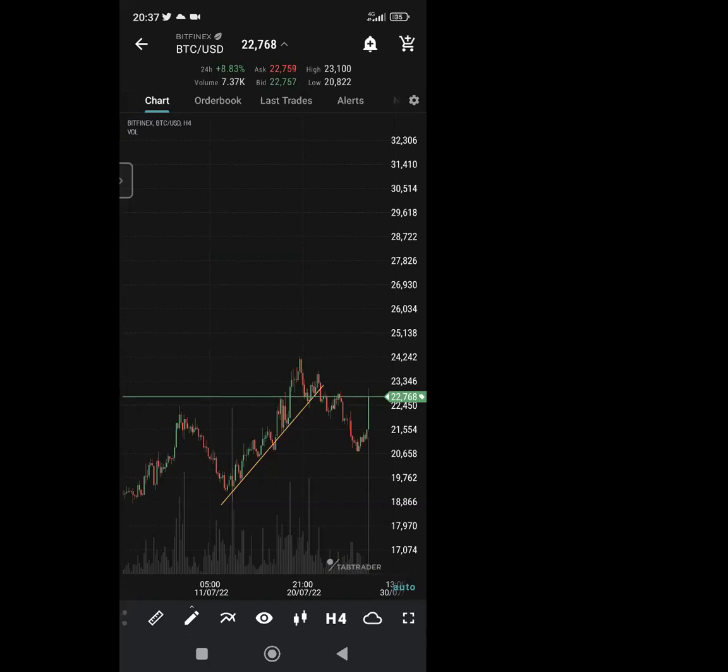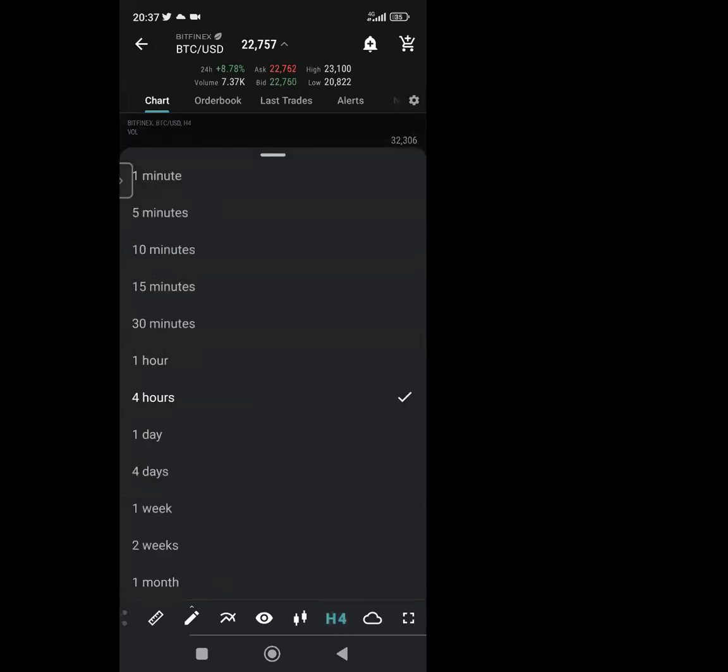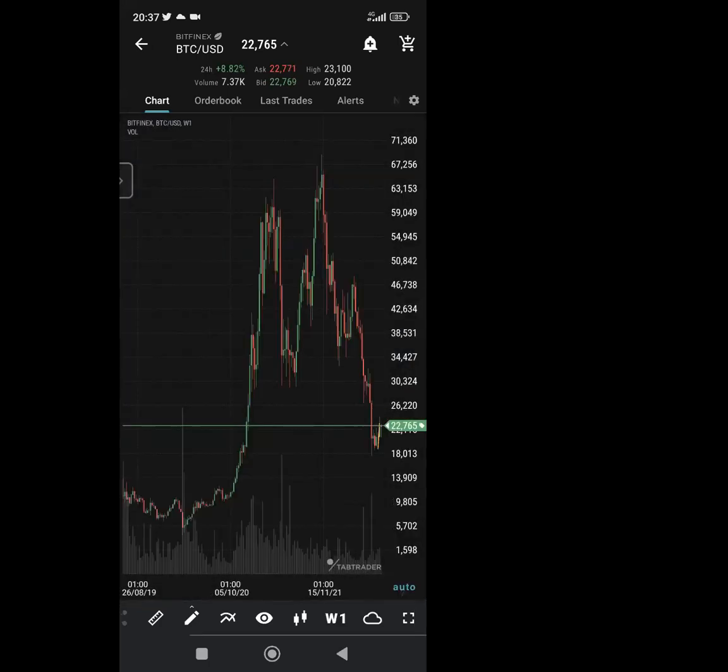Top-down analysis is you using a big time frame, like the 1 week time frame. Look at the 1 week time frame now. If you check the dates of some of these things, they are many years backward.